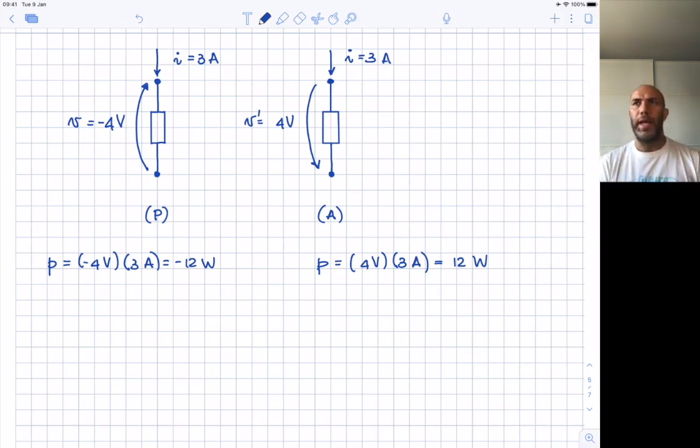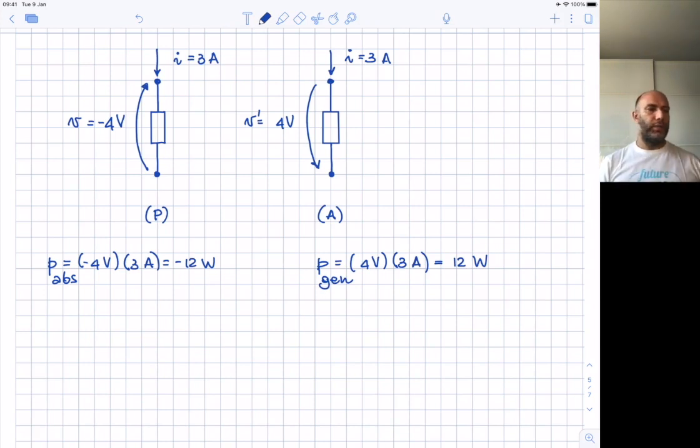Of course, in the two cases, we have obtained powers with opposite signs. But in the first case, since we are using the passive sign convention, the power that we are calculating is the power absorbed by the component. In the second case, the power is the power generated by the component.